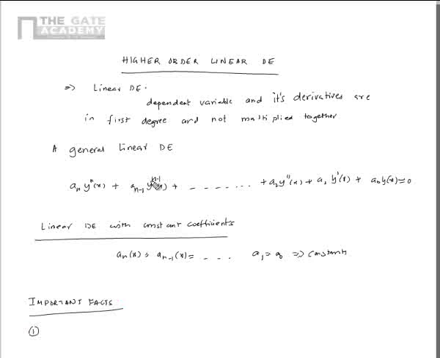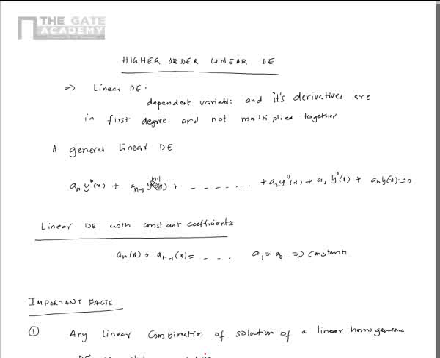Fact number one: any linear combination of solutions of a linear homogeneous DE is also a solution. Here homogeneous means the right hand term f(x) is 0.